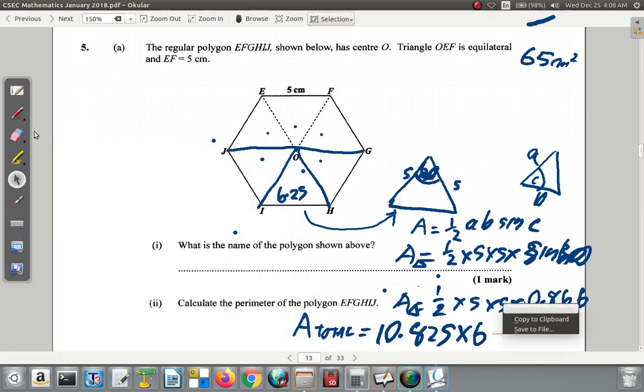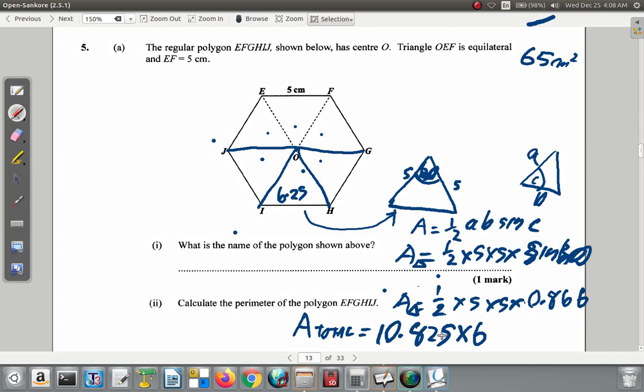So 64.95, and it says close to 65, so it was shown again by another method.